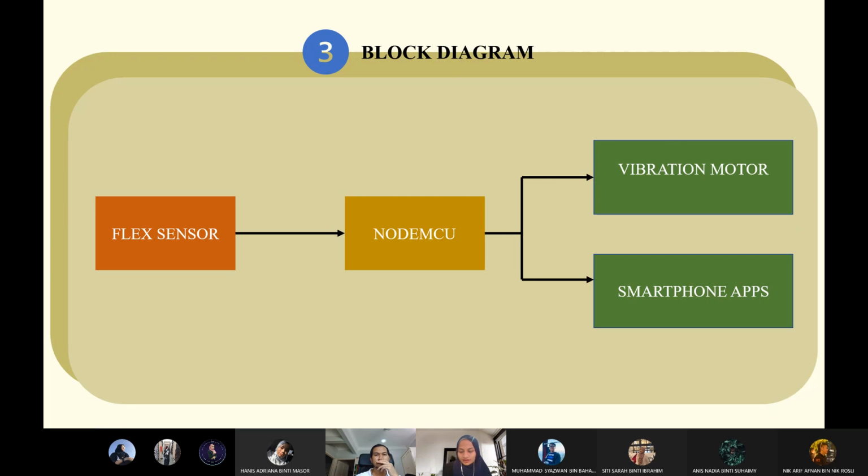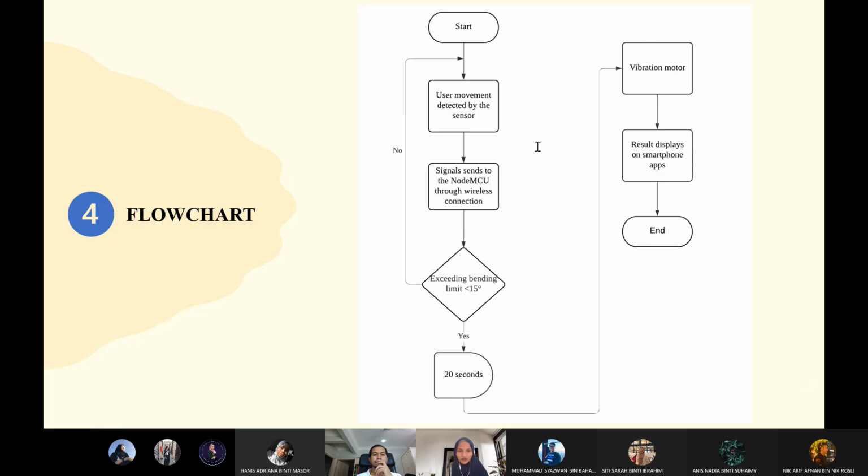Okay, here is the sequence of movement for B2 posture. To indicate the beginning of the program flow, the user needs to attach the device on their neck. Then the flight sensor detects movement with the presence of pressure. Thus, all the input data in the software used will be sent to the controller.